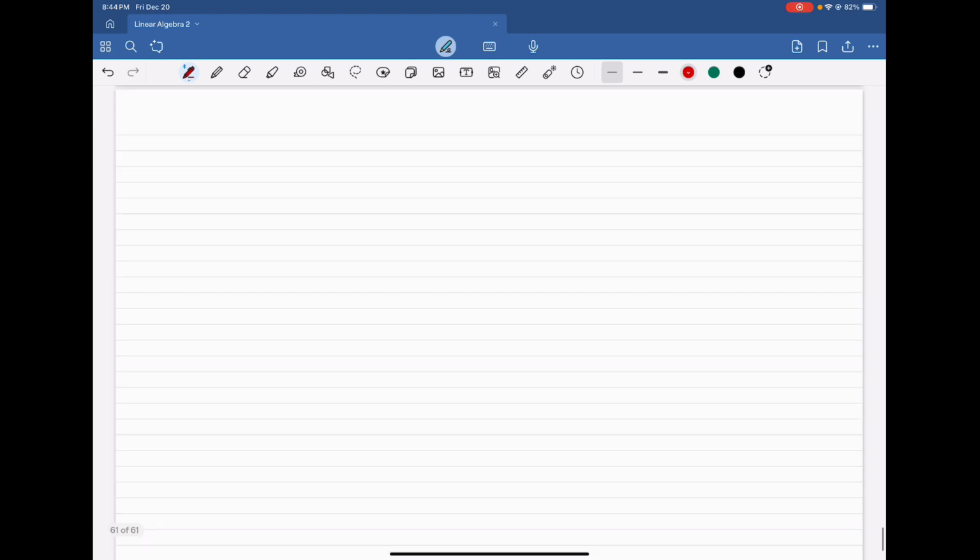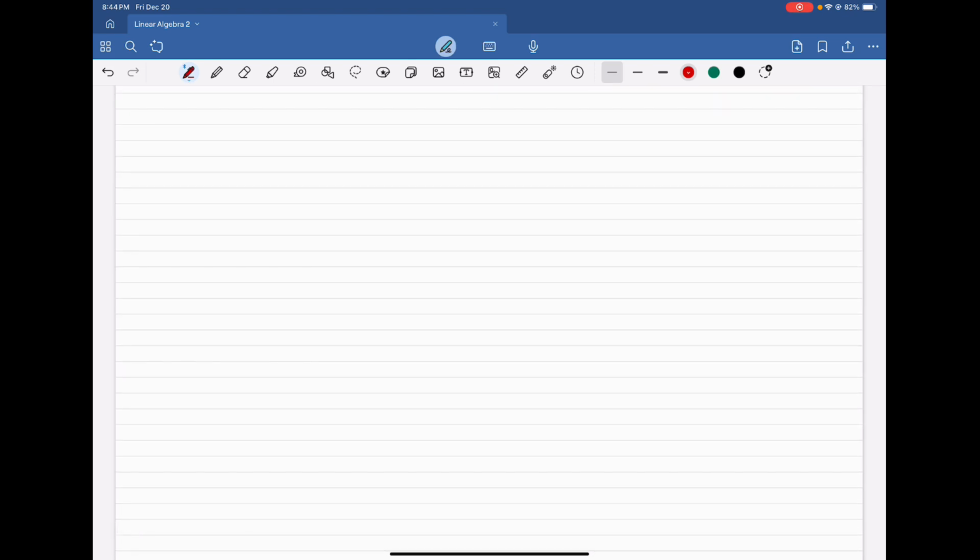For example, if there is any confusion regarding epsilon ijk, from the basics of the cross product of A cross B, what will it be? i, j, k, A1, A2, A3, B1, B2, B3.